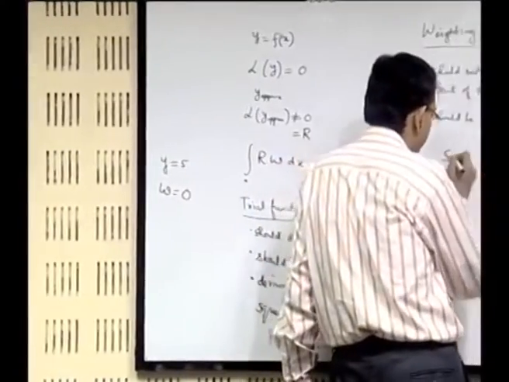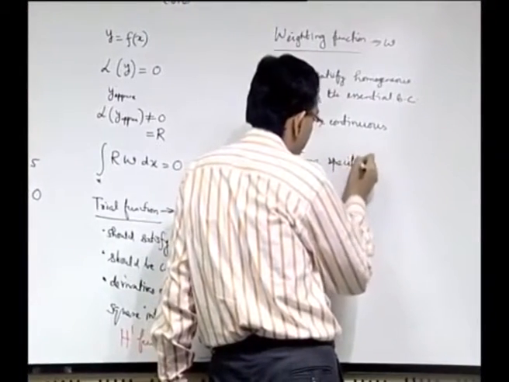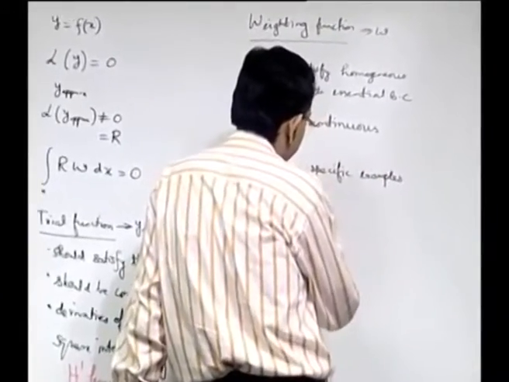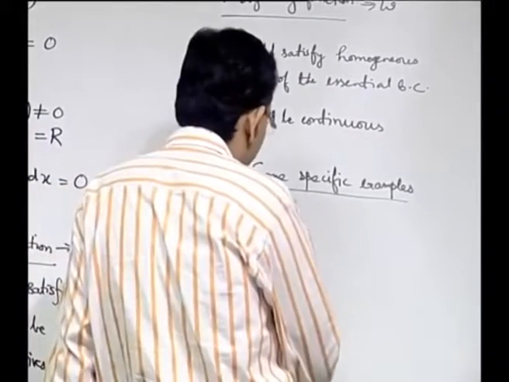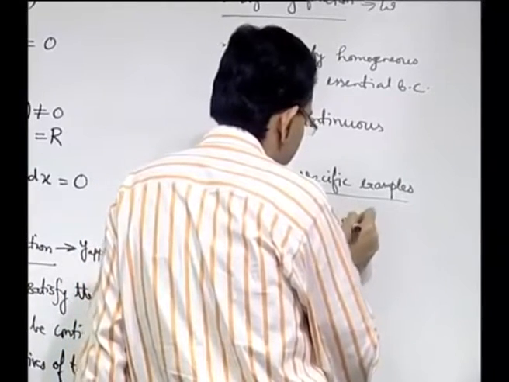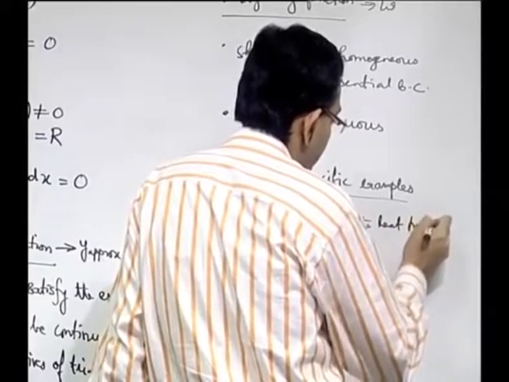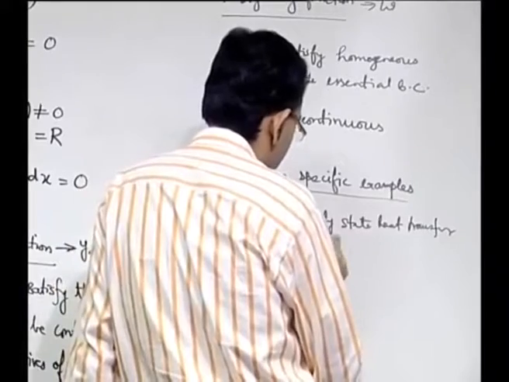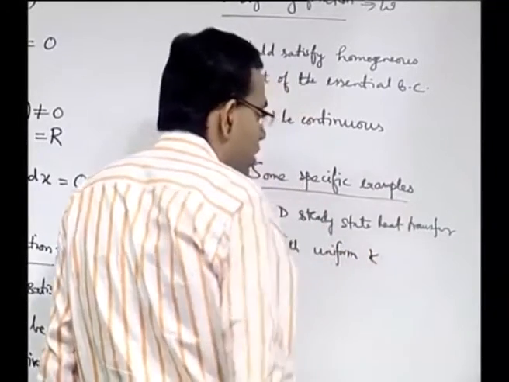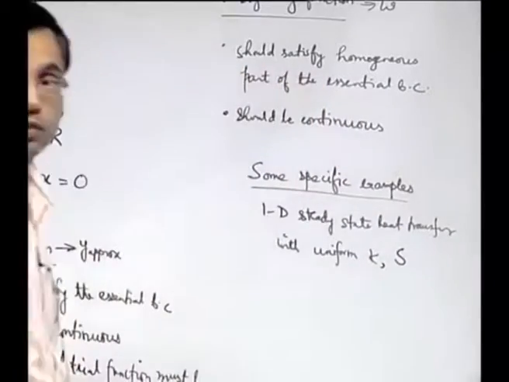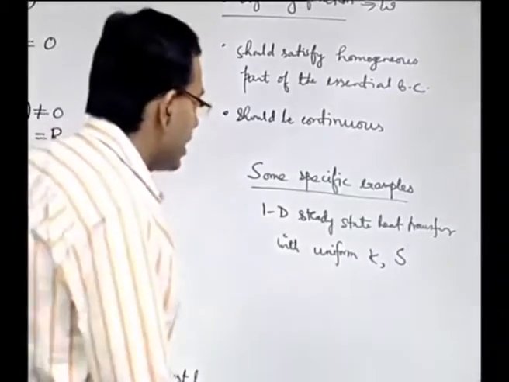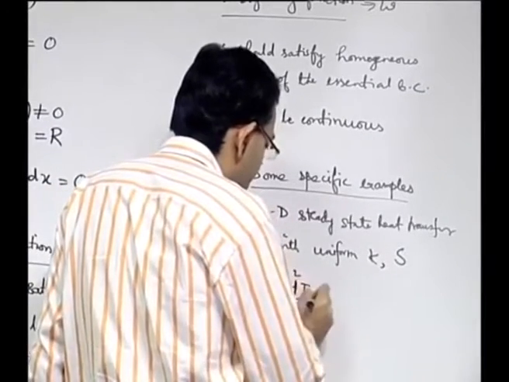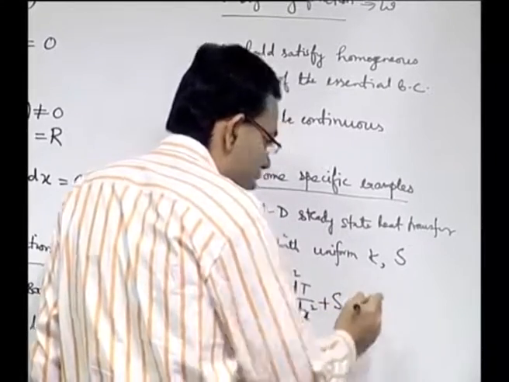So, some specific examples. Let us say we are interested to solve a one dimensional steady state heat transfer problem with uniform thermal conductivity and heat source S. If that is the case, we have seen earlier that the governing equation becomes d2T/dx2 plus S/k equal to 0.